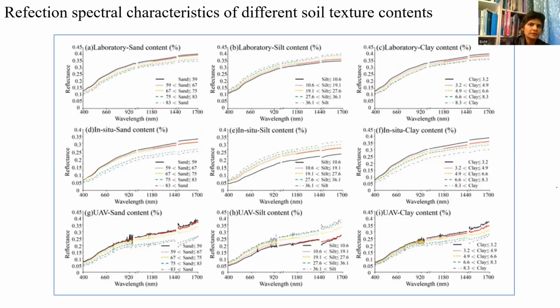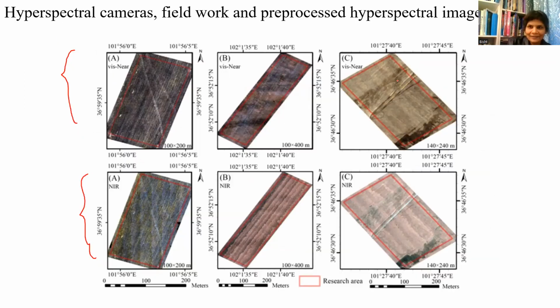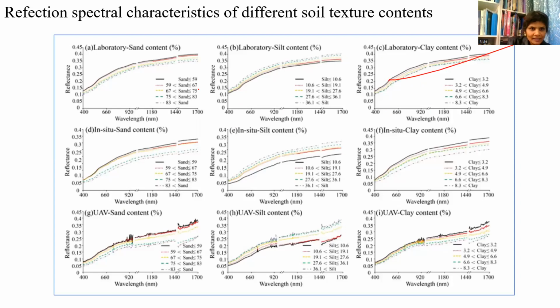Now, in this, you've got the three different measurement kinds. On the top row here, where's it gone? My pen. Sorry. Here, this one is all the laboratory measurements, the second one is in situ, and the last one is the UAV. In the laboratory measurements, you can see different kinds of sand and silt.